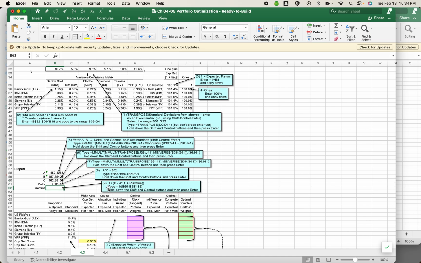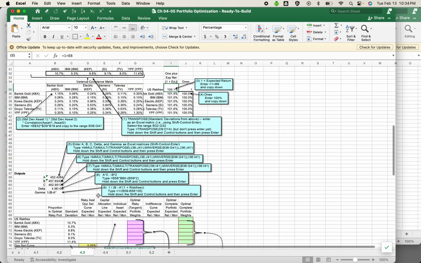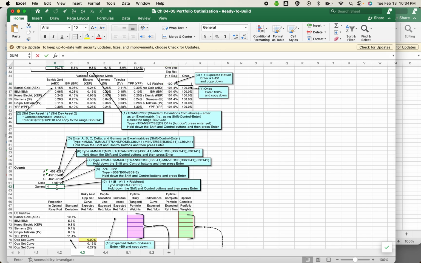and then my last one is going to be 1 over B minus A times 1 plus risk-free rate. Or I already have, it tells me to do I35 because my I35 is already the risk-free rate. One over B minus A times my risk-free rate.